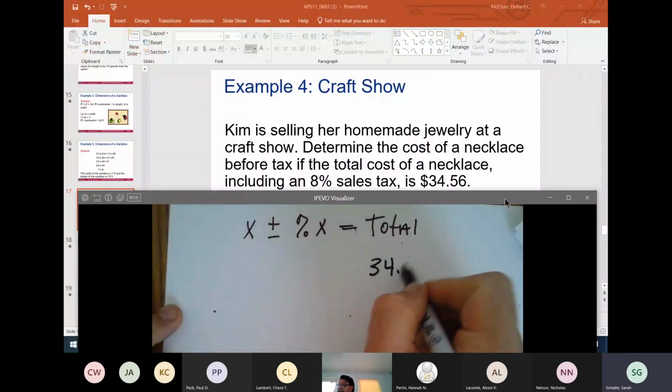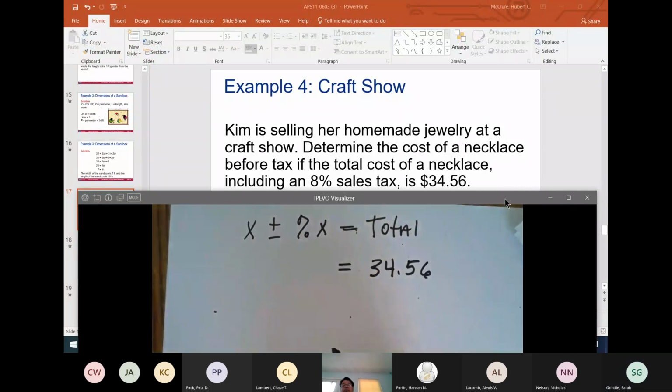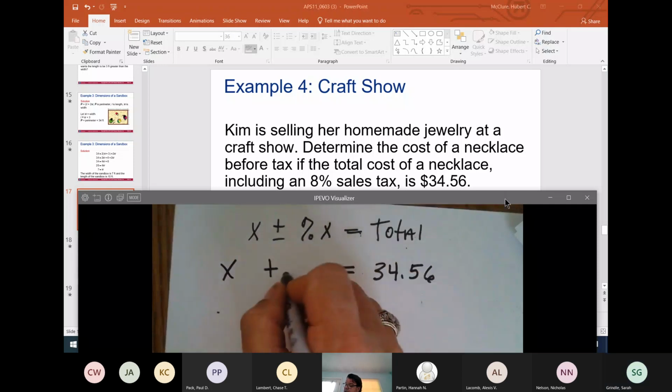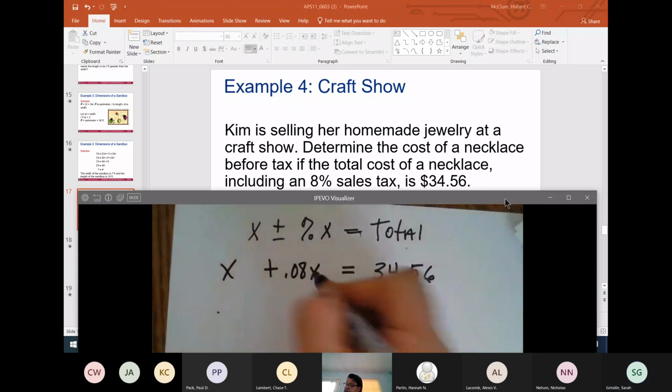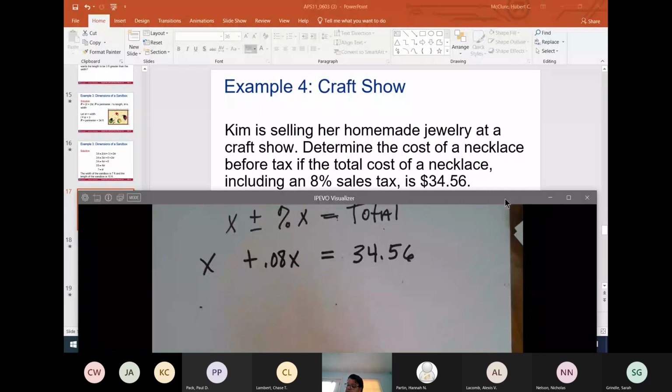Somebody tell me, is tax added or subtracted? It's added. Taxes are always added. X plus 0.08x. And what is 1 plus 0.08?